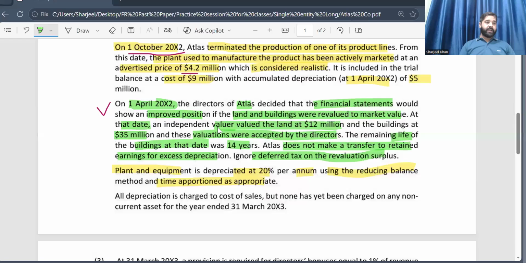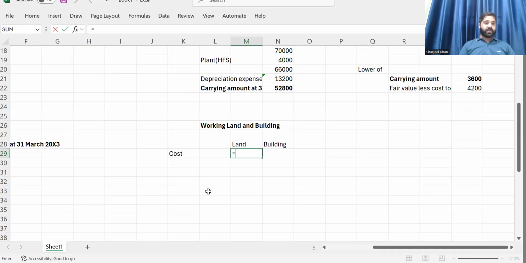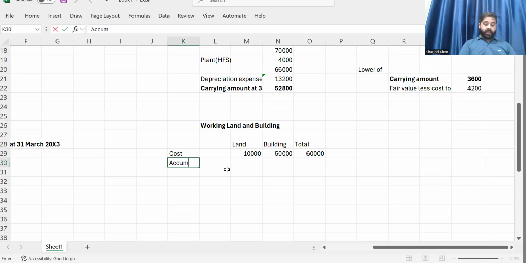The cost of the land and building: land 10 million, the total is 60,000. So 10 million means 10 multiplied by 1,000, while the total cost for the land and building is 60,000. So if 10,000 is for the land, then the remaining is for the building, right? Now accumulated depreciation at the start of the year, because we have to revalue the land and building.